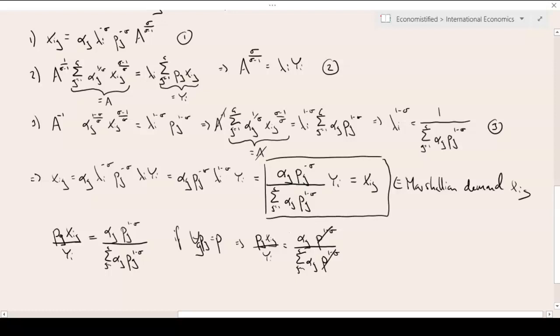So we get that the consumption share is just this function of all the alphas. And if, as is typically the case, we assume that the alpha g's sum to 1, then we just get that this is equal to alpha g. So in other words, the consumption share by consumer i of good g with a CES utility function, if all prices are the same, is just equal to this alpha g.